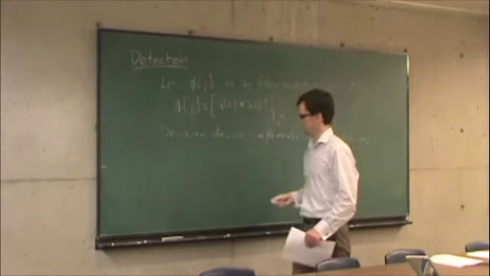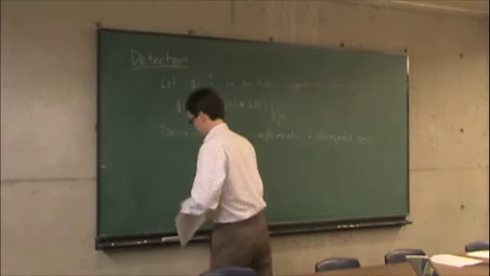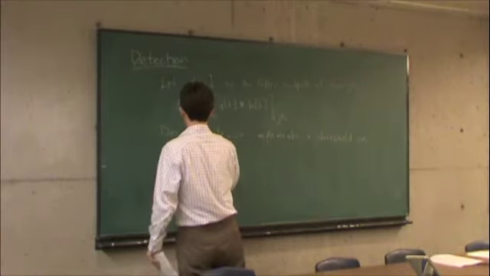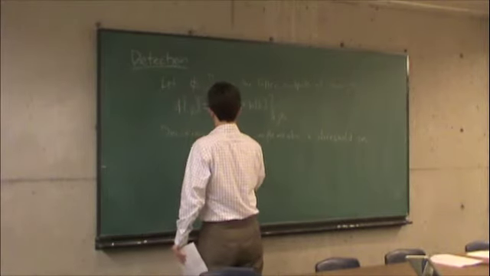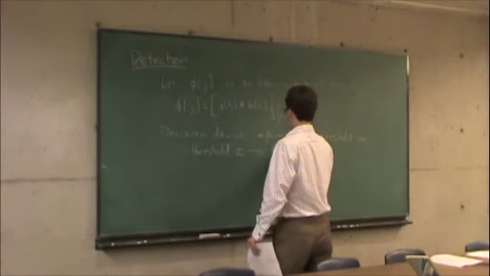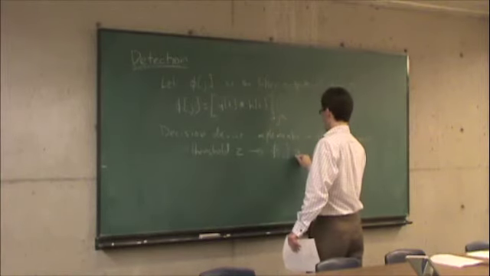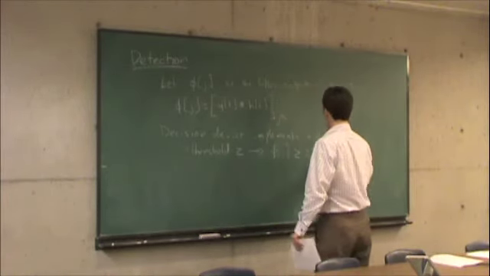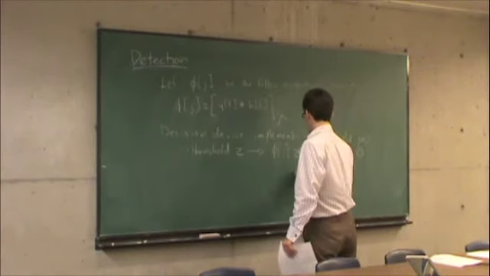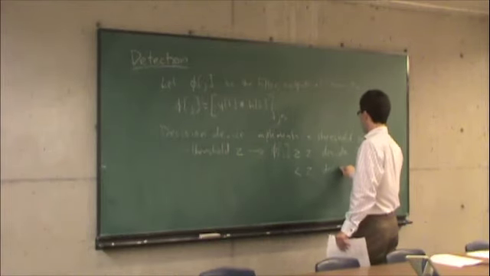Let's let that function be d. Actually, let me just describe how it works first. Let there be a threshold z, so that if phi of j is greater than or equal to z, then decide 0. And if phi of j is less than z, then decide 1.